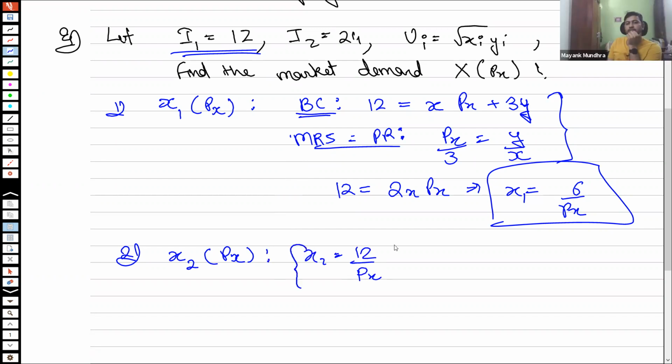Okay. So basically, you have xi equals Ii by 2 px. So that's what the formula is.